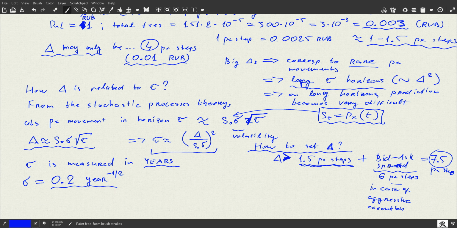A momentum trading strategy is a trend-based strategy. So why would you, for example, buy at this point? Because your predictor shows that the price is going to go up. And that's why you would like to enter, for example, a long position and make a profit on the price going up.